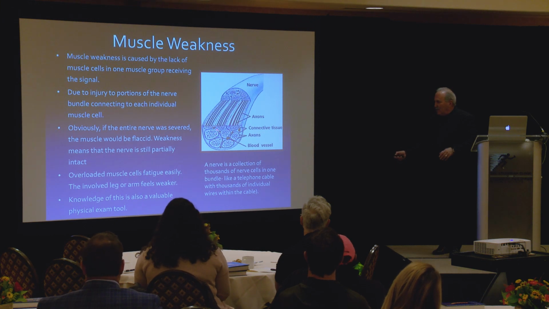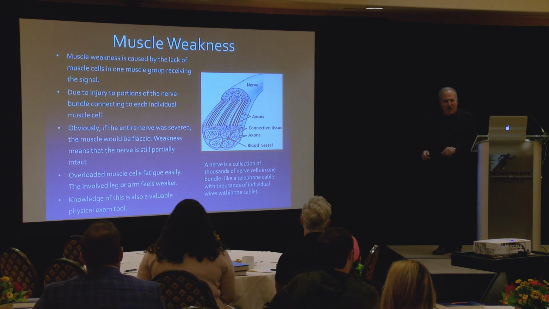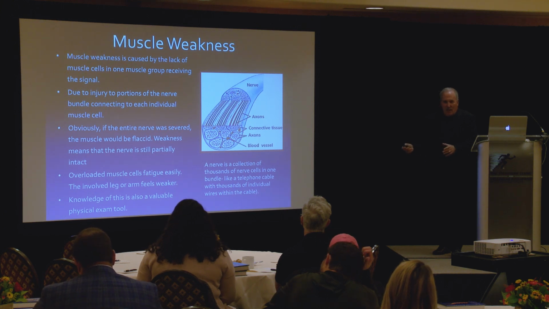You've got hundreds of thousands of nerve cells in that nerve, and if some of them are malfunctioning, the nerve will not transmit those signals to the muscle, so maybe 70-80% of the muscle fibers contract, but not all of them. That's what's going to cause muscle weakness. What happens if you fully transect the nerve?